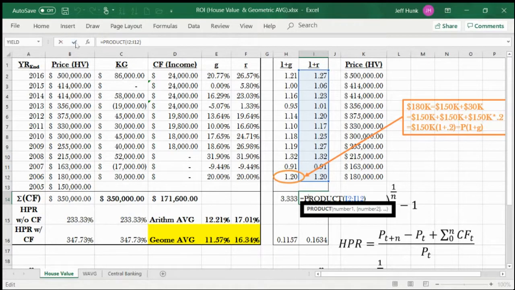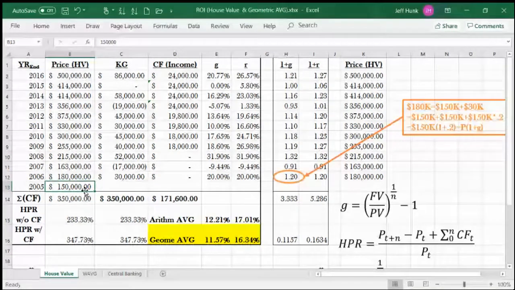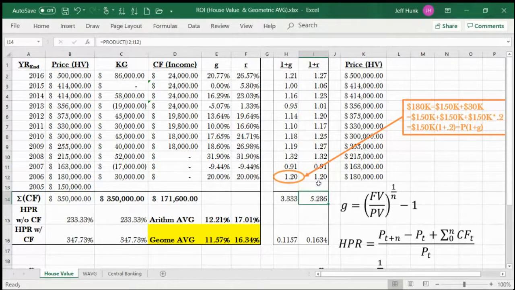So I said briefly in the last video that the first year's house value is the base, and the base is always 1, right? And this is the total compounded result of the gross growth from the base here.